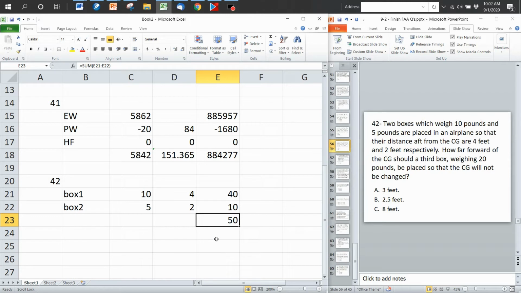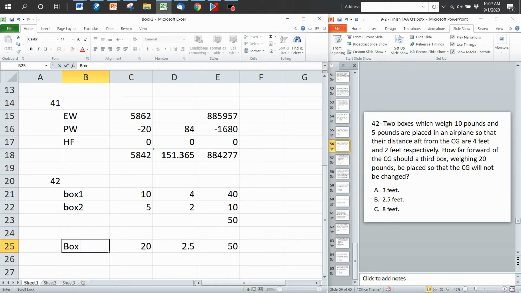We need it to be 50 over here, so I can take my 50 divided by my box weight of 20, and I see 2.5 will give me the same 50. Well, if I put this 20-pound box 2.5 feet at the opposite side of the CG, that will negate the changes of the first side.